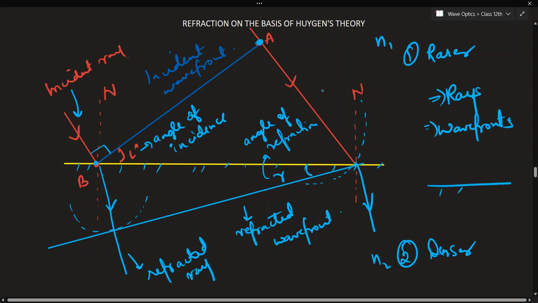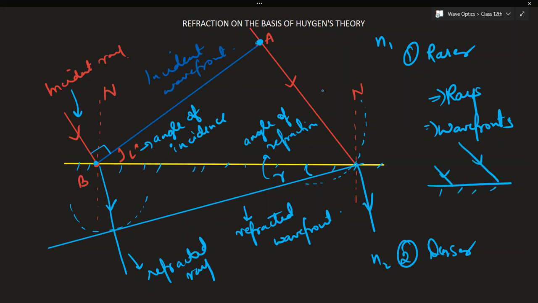Simply, if this is a mirror, incident rays are incident like this. Don't look at this point right now. Focus on this only. The wavefront is perpendicular to this incident ray. For this point, the wavelet was drawn like this. For this point, the wavelet was drawn a little closer because this point is closer, so the wavefront will also be closer. This is far away, so the wavefront will also be far away. If you join the forward envelope, you get it like this. Now understood? Okay.